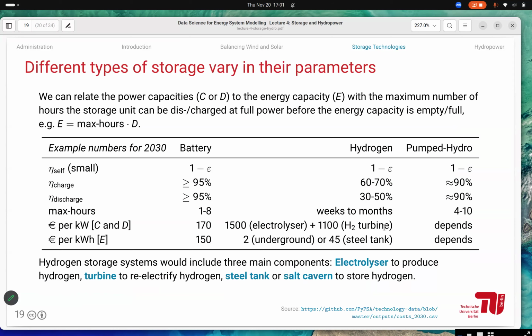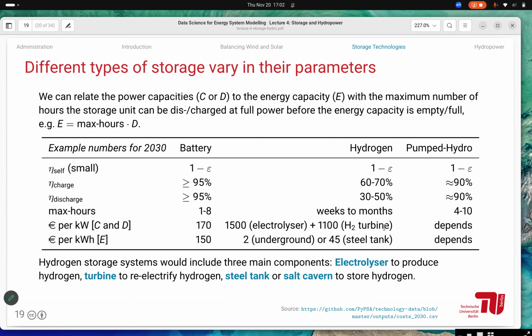And why different types of storage? Because they can vary in their parameters, and some may be more suitable to storing energy for a short amount of time, but being very cost efficient at dispatching a lot of electricity quickly.